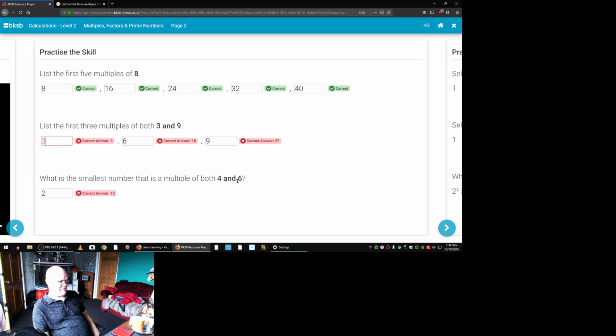So what it's saying, what is the smallest number that is a multiple of both 4 and that? So you'd have to do 4, 8, 12 is the smallest. 8's 12. And 2 times 4 makes 8.